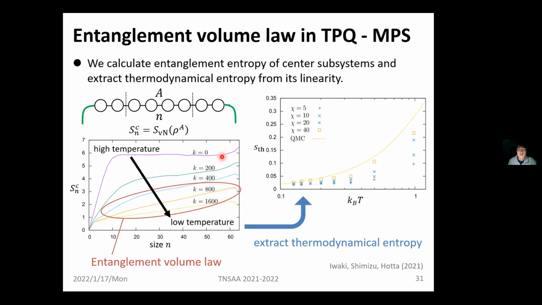Show graph in here. I see. In usual MPS, the entanglement curve showed a Page-like curve. The end takes 0 at the end of here.